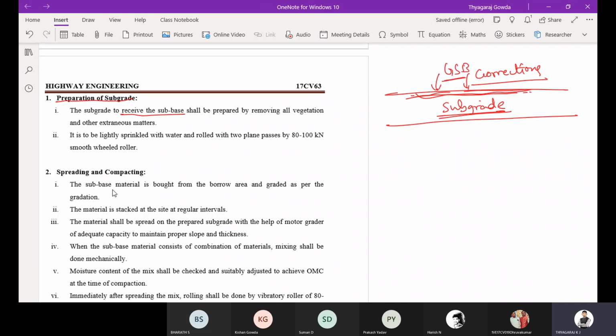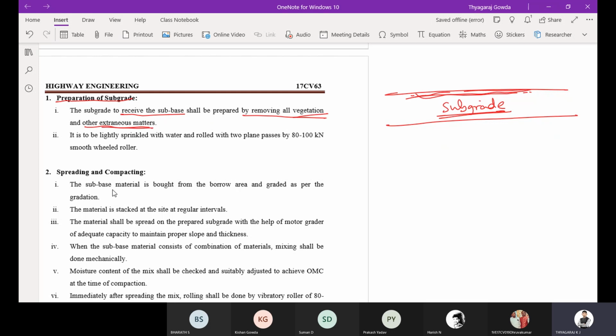The subgrade where GSB is placed shall be prepared by removing all vegetation and other extraneous matter. Since it is soil, sometimes bushes and grass will grow. So you have to remove all vegetation and other extraneous matter present on the top of the subgrade.